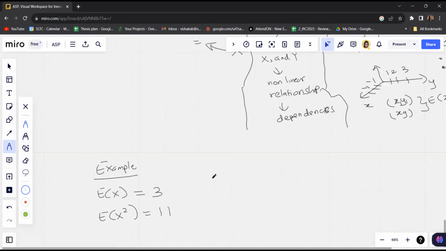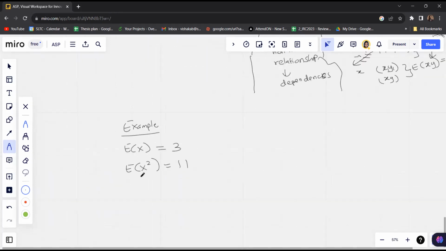And then we have a function such as y, which is another random variable that is defined using x and some other real numbers. So now I will ask you to find the expectation of y. Can you find the expectation of y?